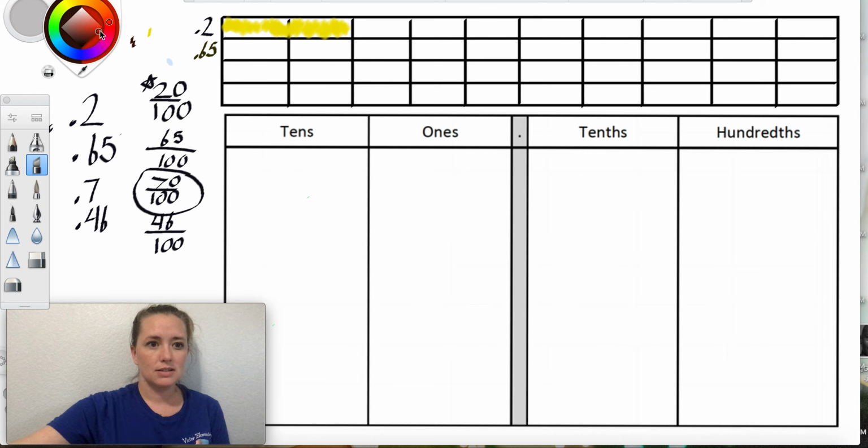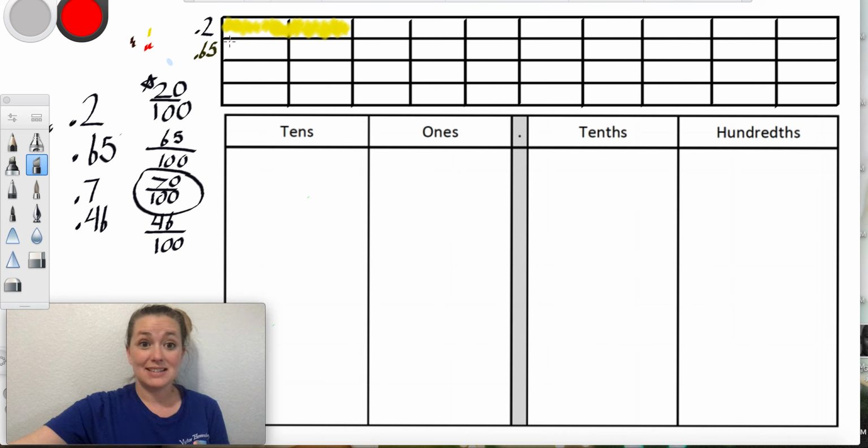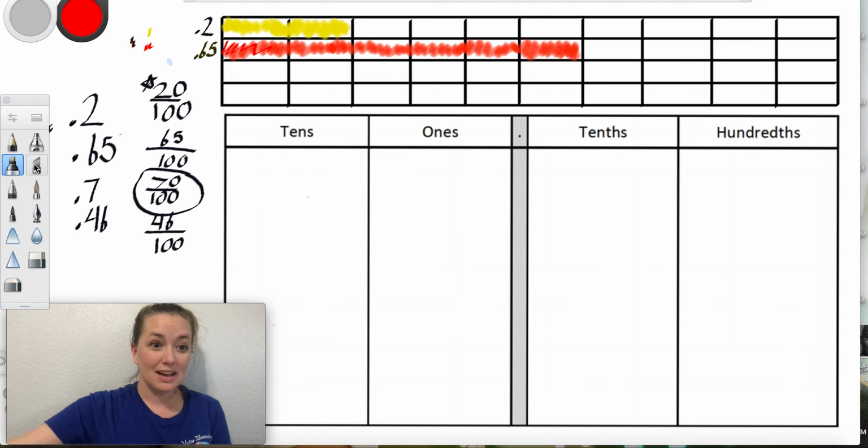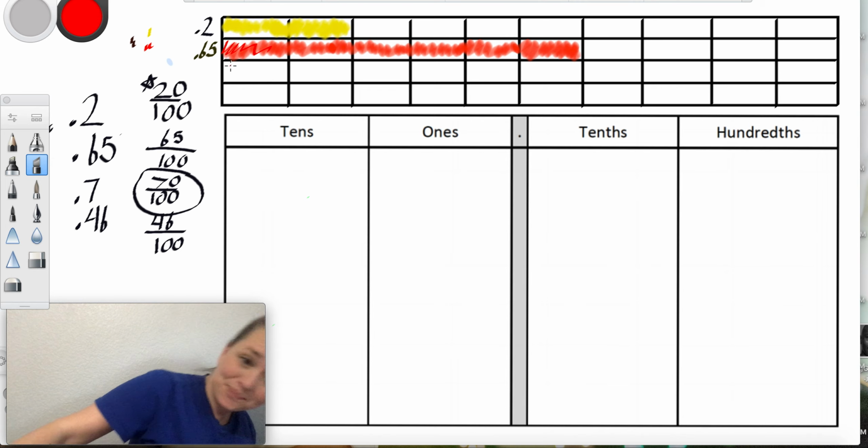I know how many tenths I need. I need 6. So shade in 6 tenths. 1, 2, 3, 4, 5, 6. But I'm not done there because I have 5 hundredths that I haven't shaded in.